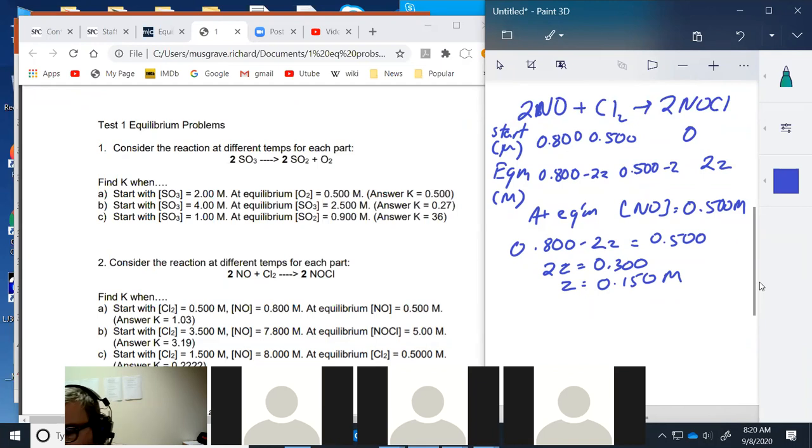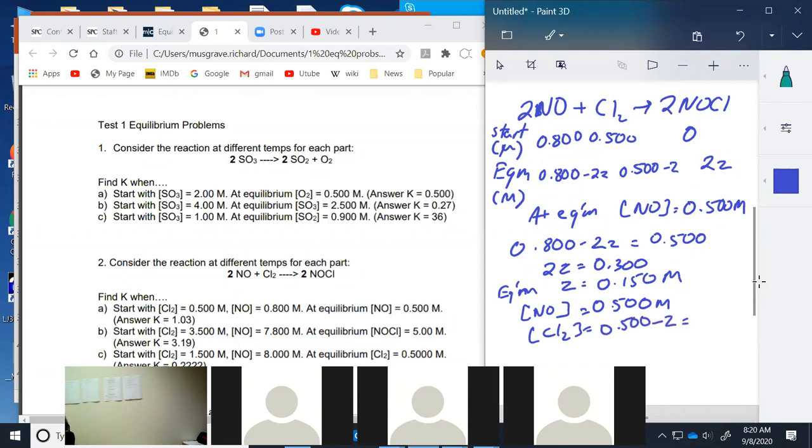So we need to figure out the other things. We're given NO, so these are at equilibrium, and NO is 0.500. The Cl2 is going to be 0.500 minus Z, which is 0.500 minus 0.150, which is 0.350.